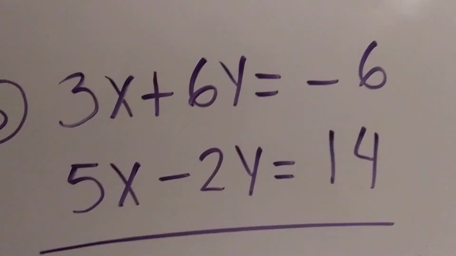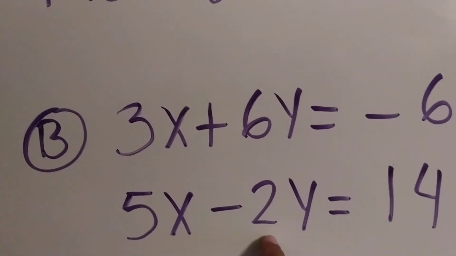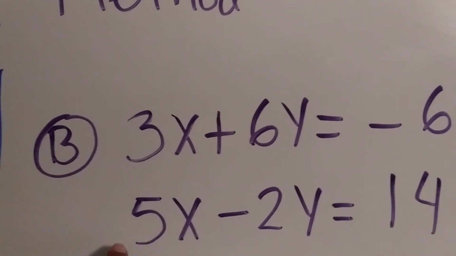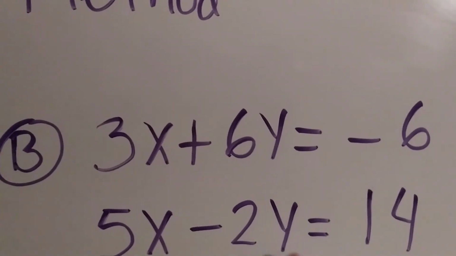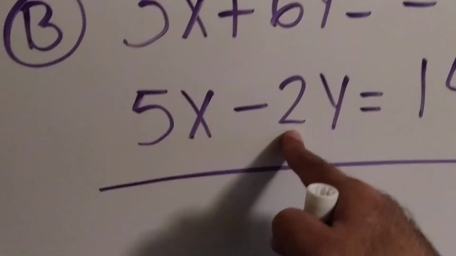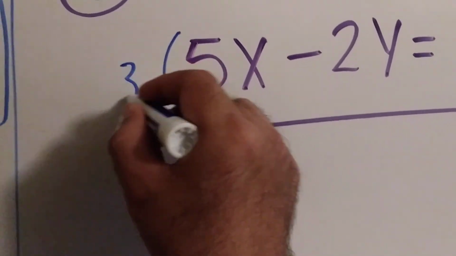So now we have to be able to cancel out that 6, right? And we have a 2 here. So what number do we need to multiply the bottom equation by to give us a 6 for the y? It would be 3. So we multiply the whole equation by 3.